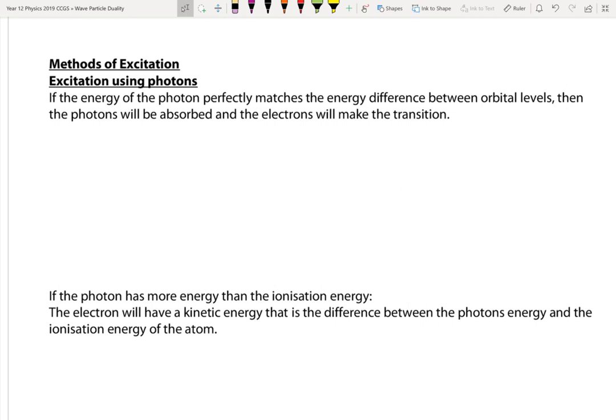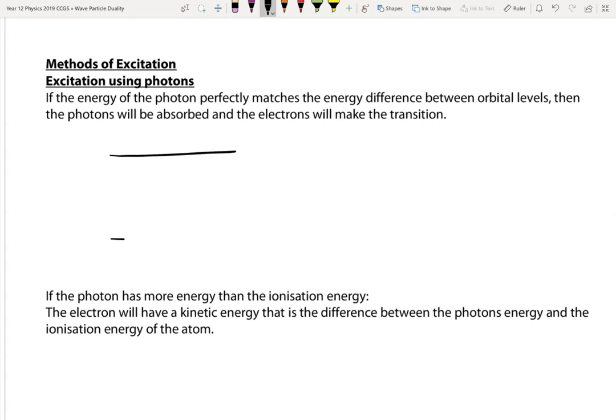Let's look at a very simple diagram. I'm just going to draw two energy levels. I don't even know which ones they might be. Let's just go negative 4 eV and negative 3 eV. Please put that down.